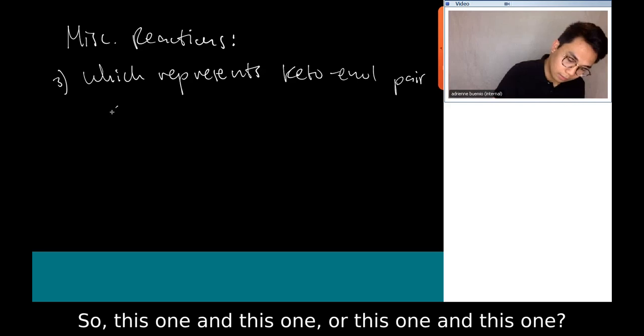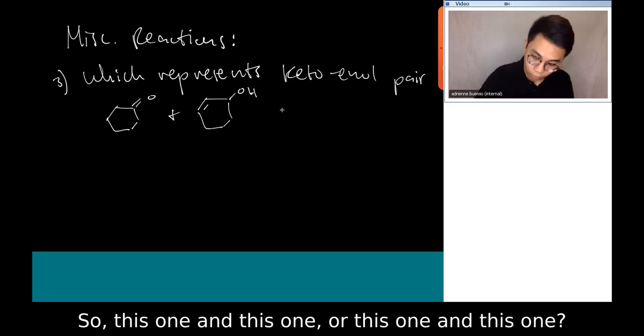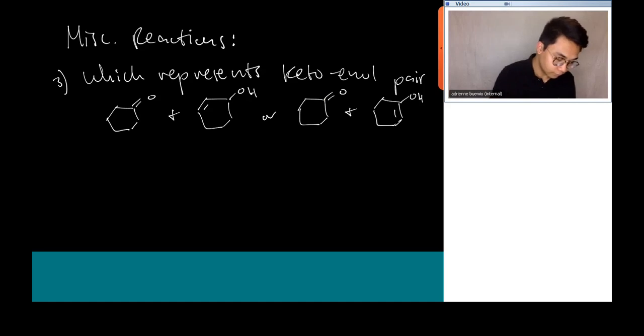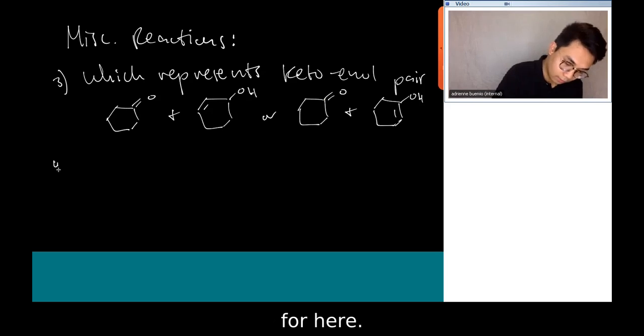So this one and this one, or this one and this one. And then let's do find the products over these for here. Find the product.